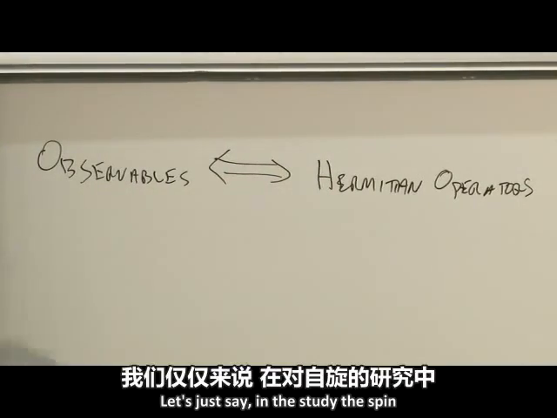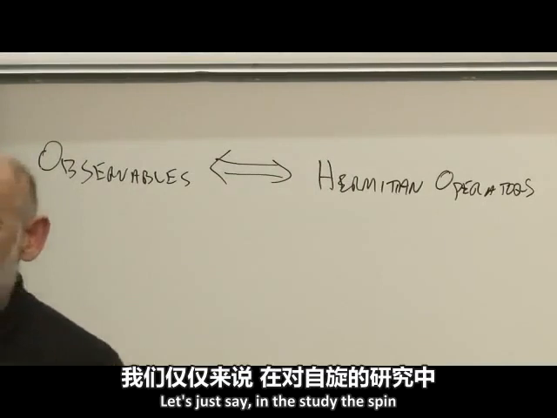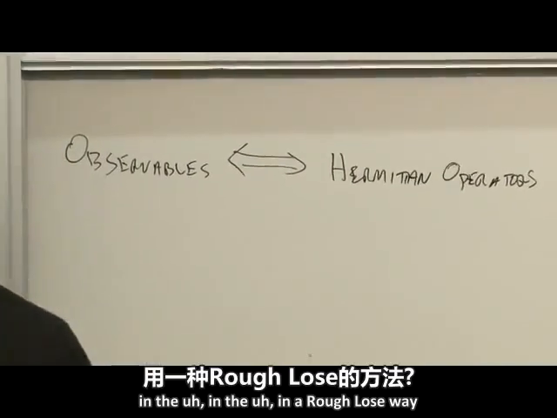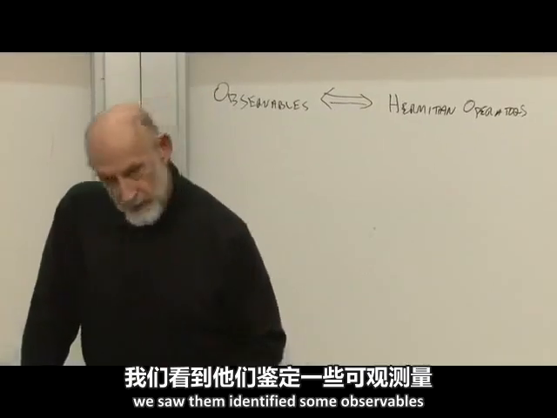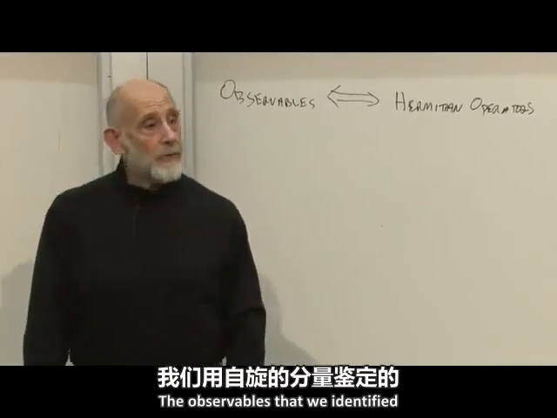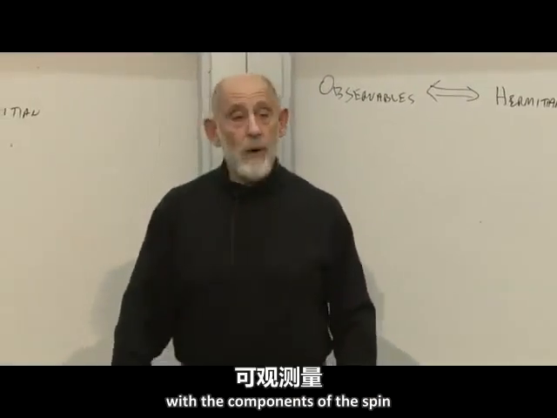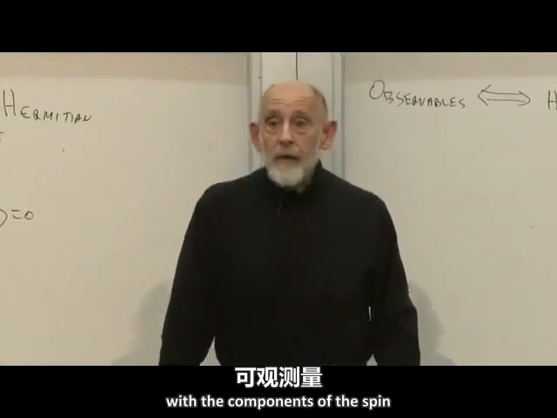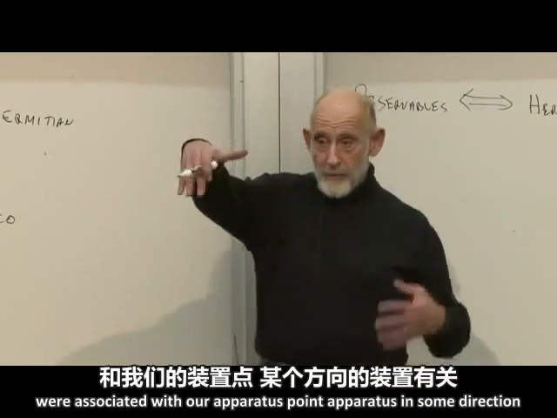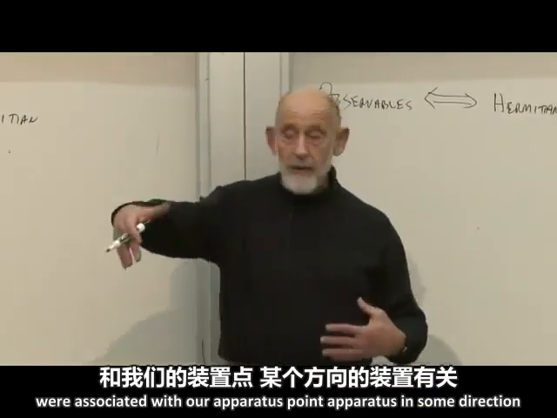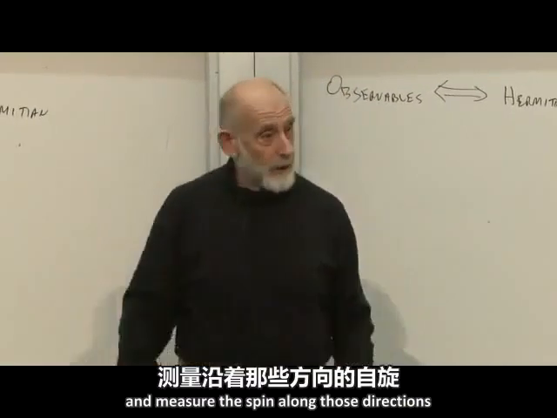Let's just think, in studying the spin in a rough and loose way, we sort of identified some observables. The observables that we identified were the components of the spin, associated with our apparatus. Point your apparatus in some direction and measure the spin along those directions.